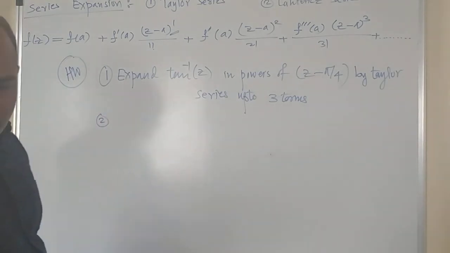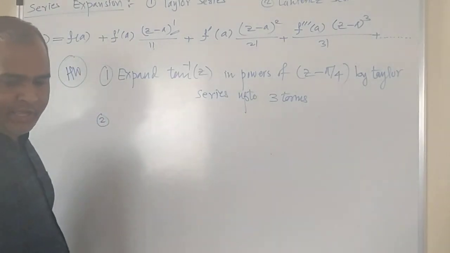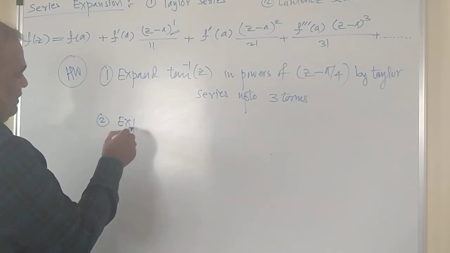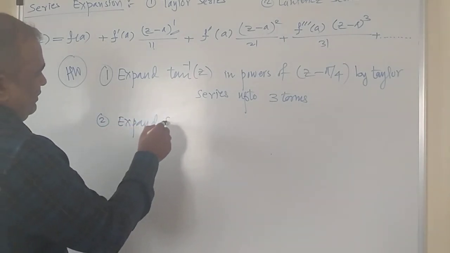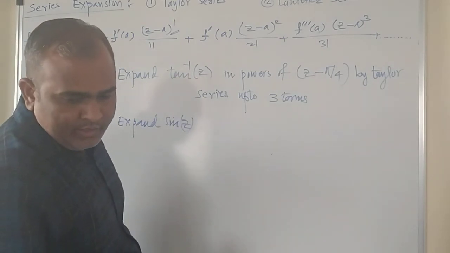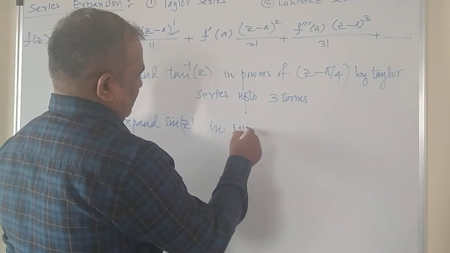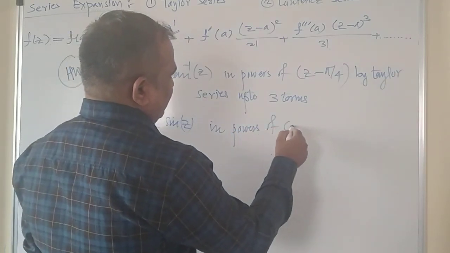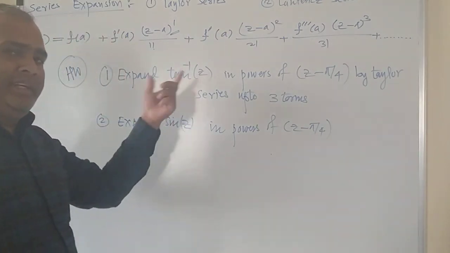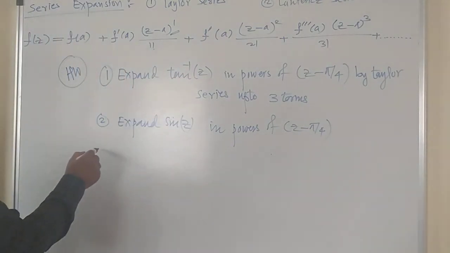The second problem is: expand sin z in powers of z minus pi by 4. Z minus pi by 2 we have already done, so just change a to pi by 4 only.